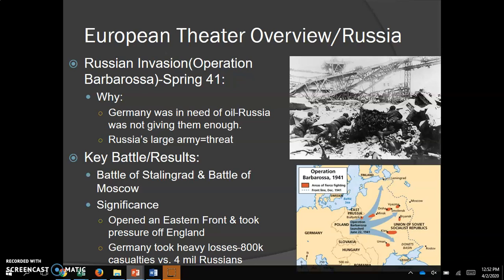So clearly, that is a motivational factor. And then from a strategic standpoint, Russia had a big army, not a great army, but just a really big army. And so Hitler was thinking that he would just take them out and that would solve the potential threat.